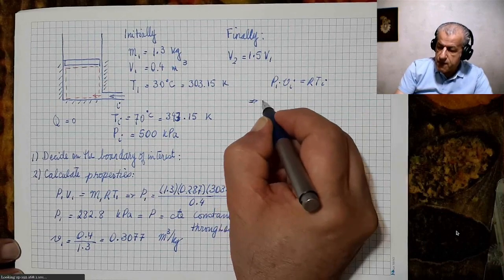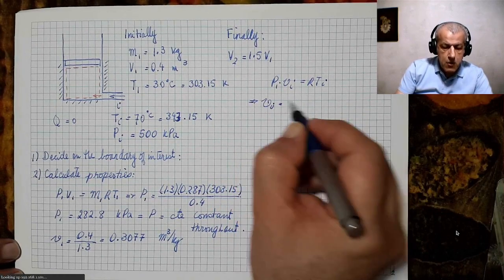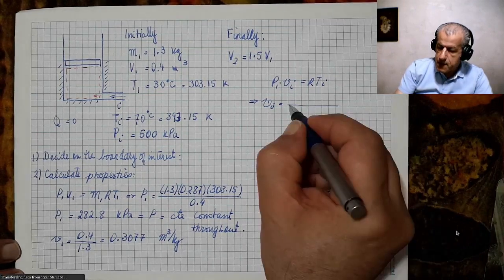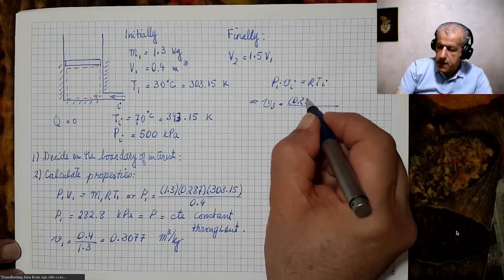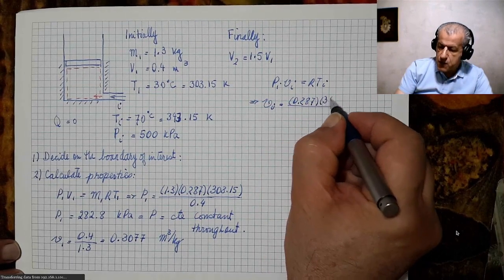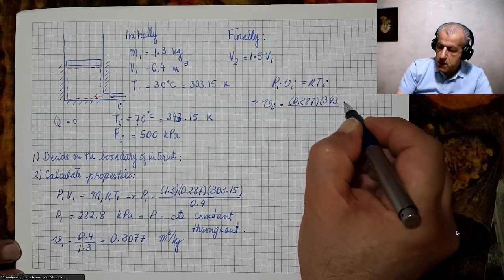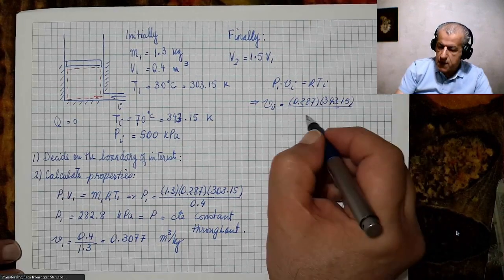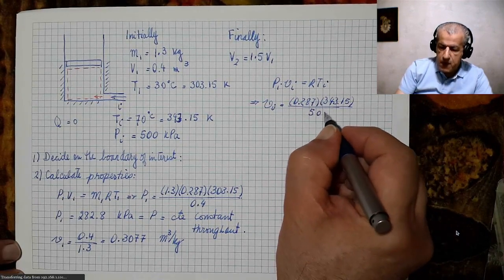Therefore, vi equals 0.287 times 343.15 divided by 500.